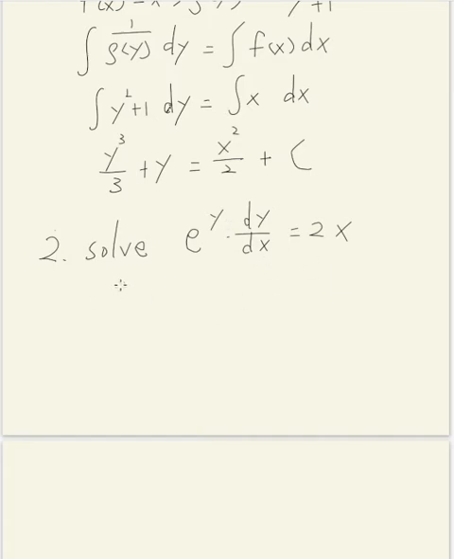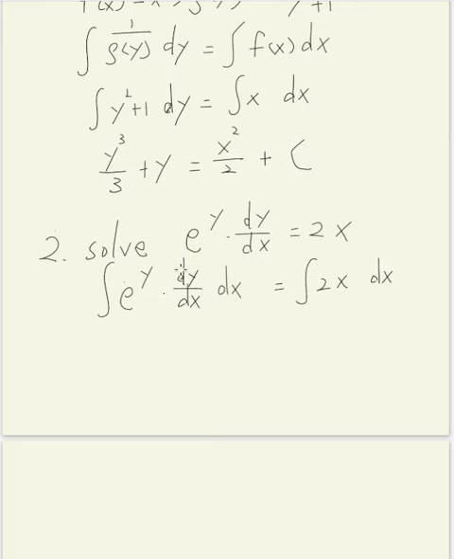So we have e to the y times dy/dx, it's actually grouped already. Let's integrate both sides with respect to x. So we get this, and it equals the integral of 2x dx.